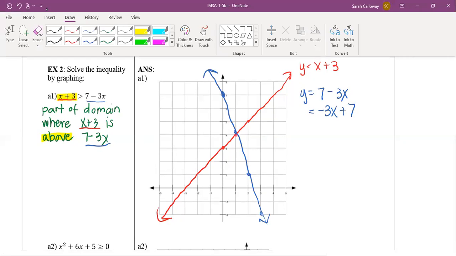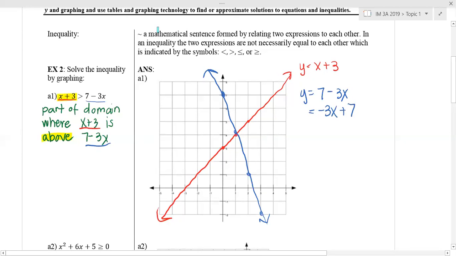And so where this is going to occur, the division is always going to occur at that point of intersection. So what we can see is that on the left side of the graph, the 7 minus 3x is actually greater than x plus 3, right? This is the side that's above for every point.